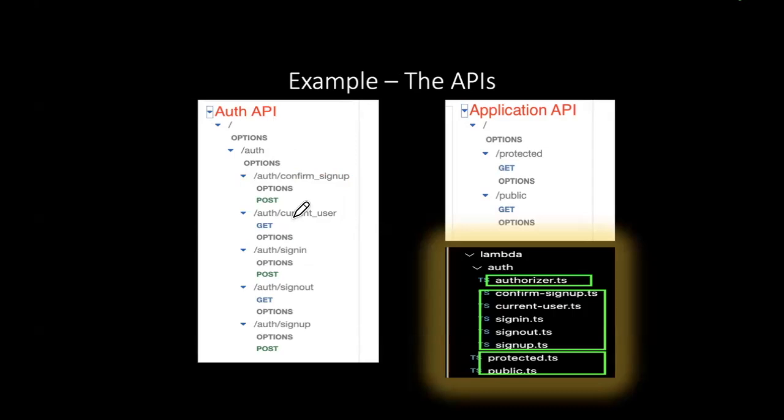We need that confirmation of sign up because we chose self-enrollment or self-registration, I suppose, as our authentication flow. There's a login endpoint, a sign out endpoint. We also have an endpoint there called current, which I don't actually use.